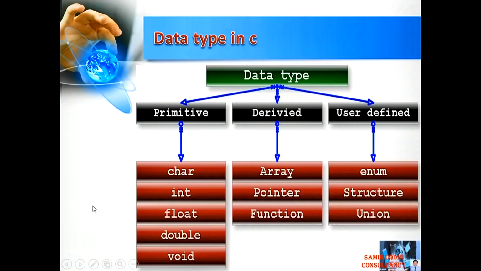Primitive data types are character, integer, float, double, and void. Void contains nothing, a null variable. Derived data types are array, pointer, and functions. User defined data types are enumeration, structure and union.